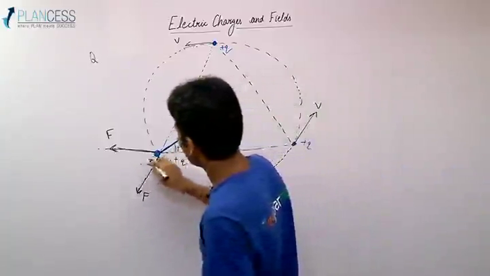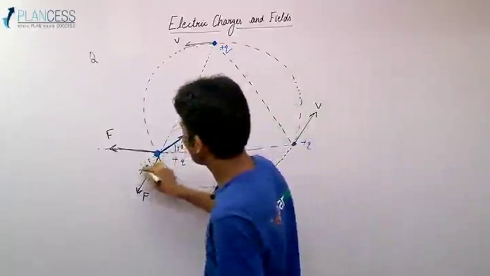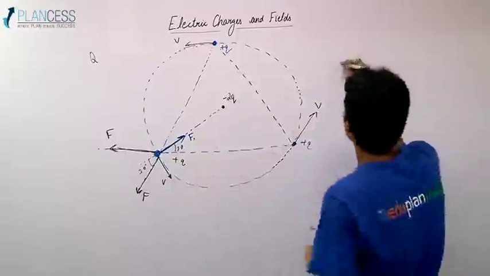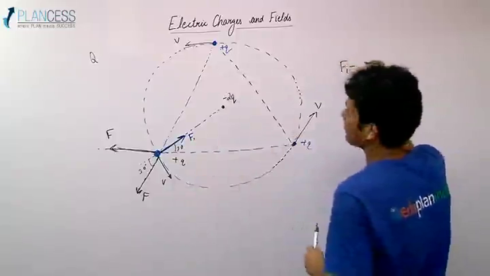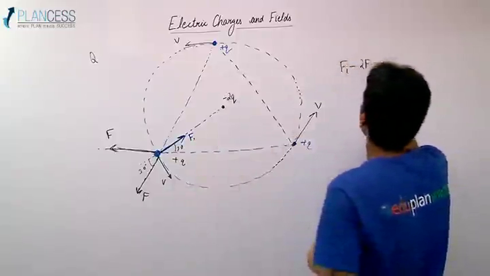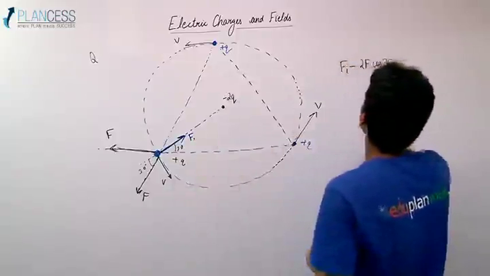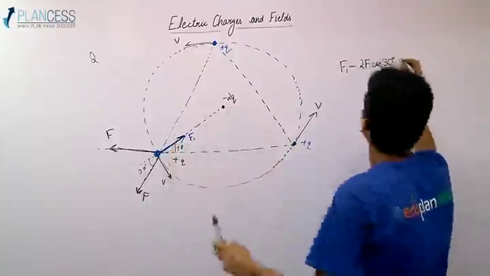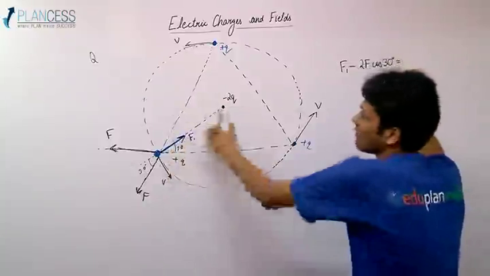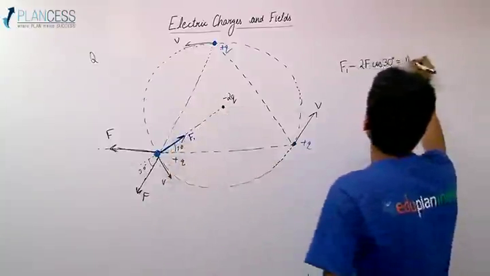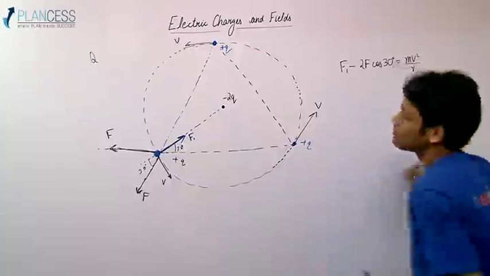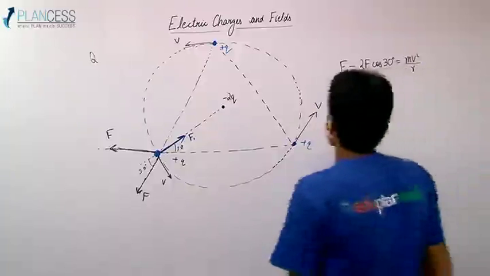So the total force on this plus q can be written as F1 minus 2F cos 30. This is the total amount of force, meaning force towards the center. And since it is moving in a circle with velocity v, this will be equal to the centripetal force, which would be mv square by r.